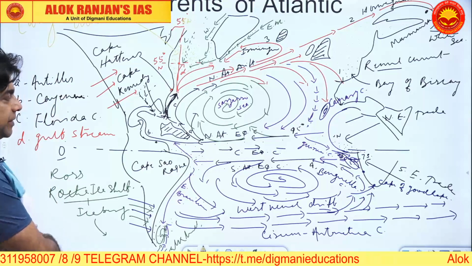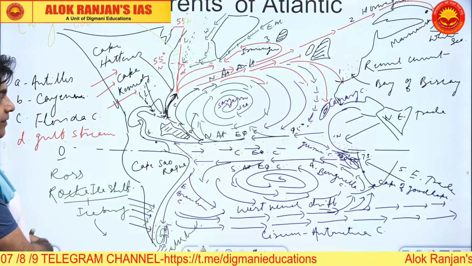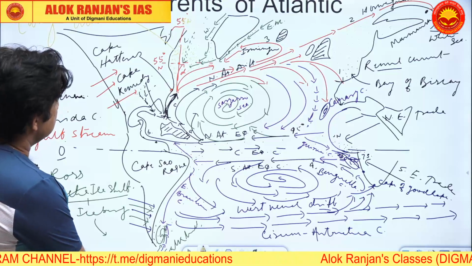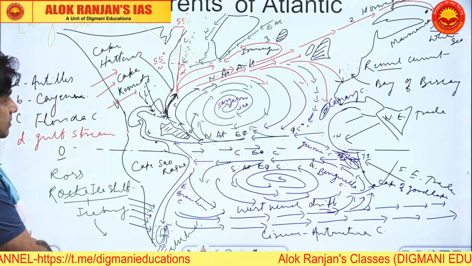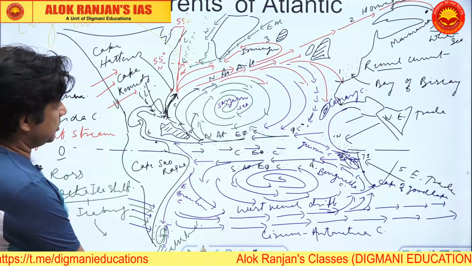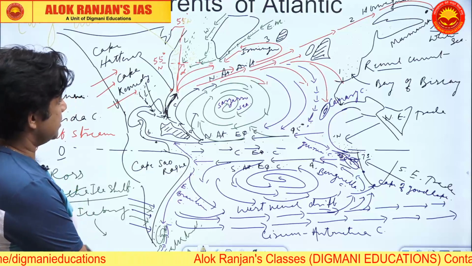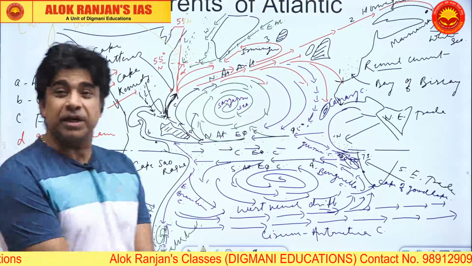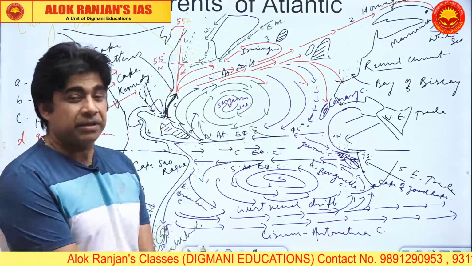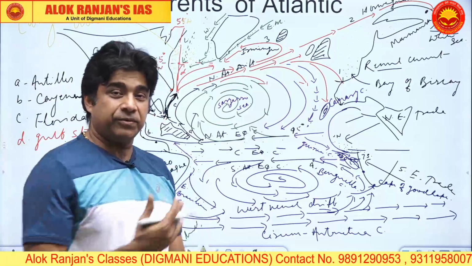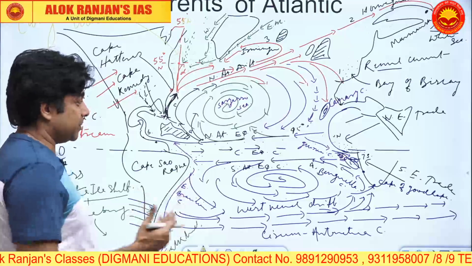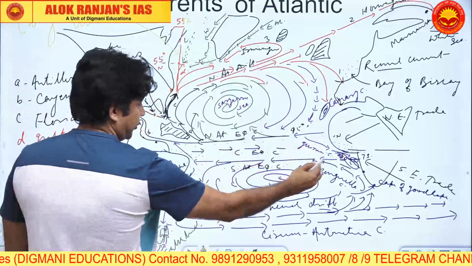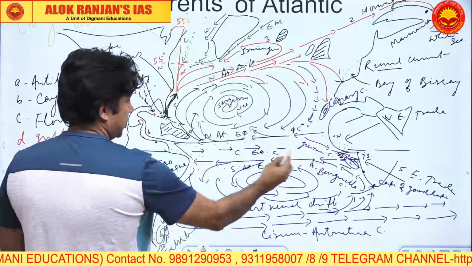Now we can do a revision of the entire current system, and we can derive certain laws about currents after going through the entire pattern of ocean currents found in the Atlantic Ocean. So, starting from the beginning, we have north equatorial, south equatorial, counter equatorial.